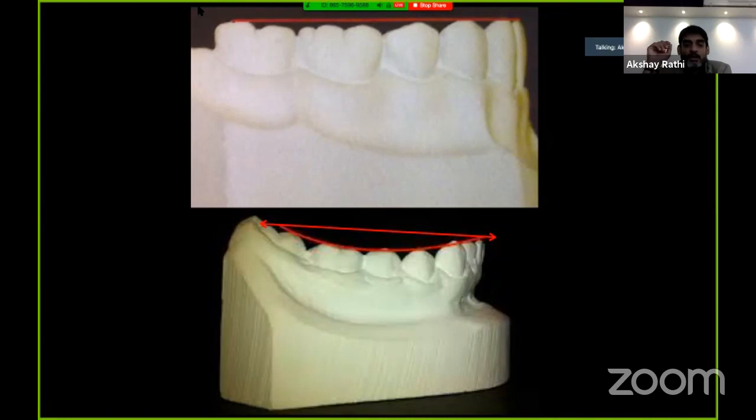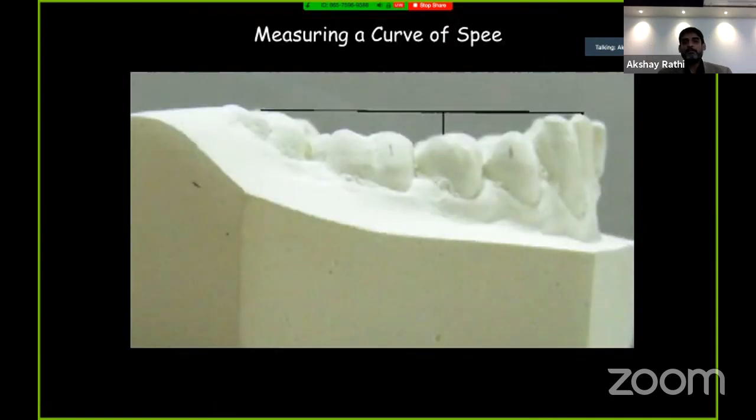the lost tooth material. So this is how I measure a deep curve of Spee or an increased curve of Spee. I keep my scale or my glass slab or an occlusal mirror on the lower dentition and measure the deepest point.